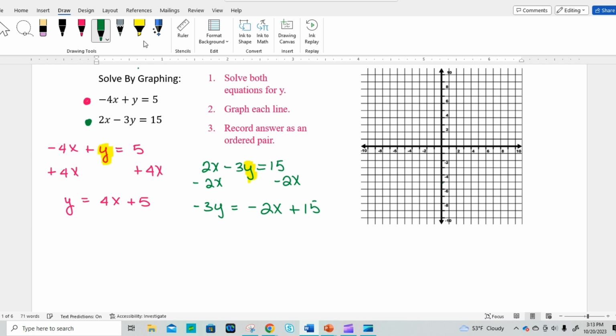All right, this is getting closer. My y is almost alone. It's been multiplied by a -3 though. So if I want my y by itself, I divide by a -3. If I do that to one term, I have to do that to all the terms. And I get y is equal to -2 divided by -3, which is a positive 2/3.